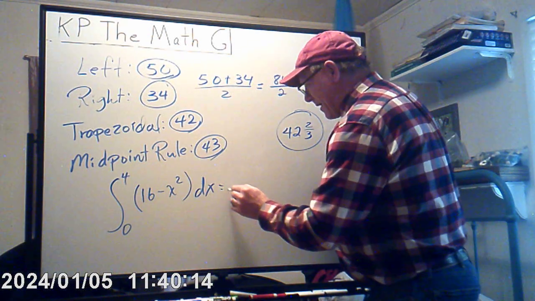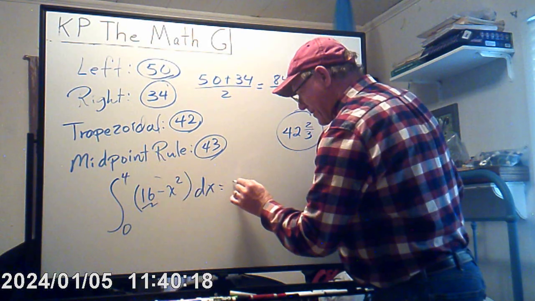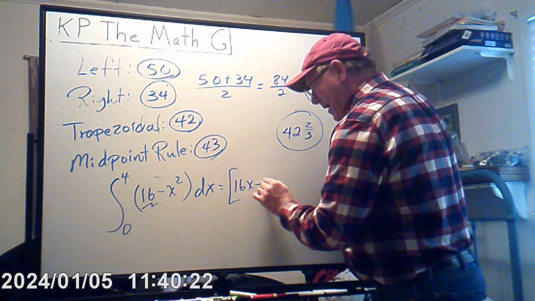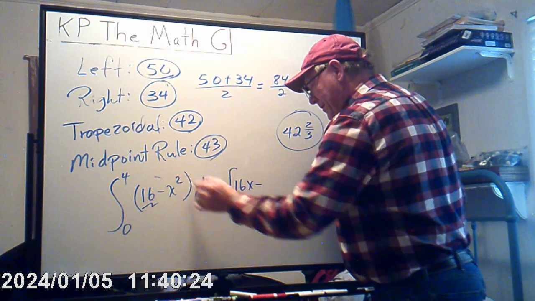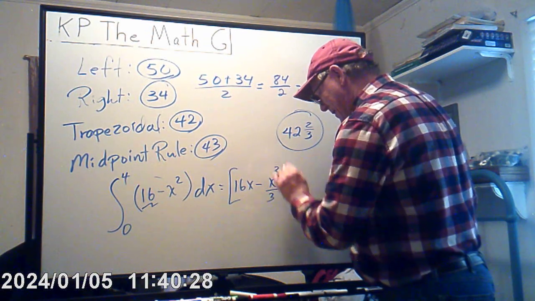This is actually equal to, if we take the antiderivative of 16, just add an x to the end, so 16x. Alright, minus, remember, add 1 to the exponent, so x cubed over 3.